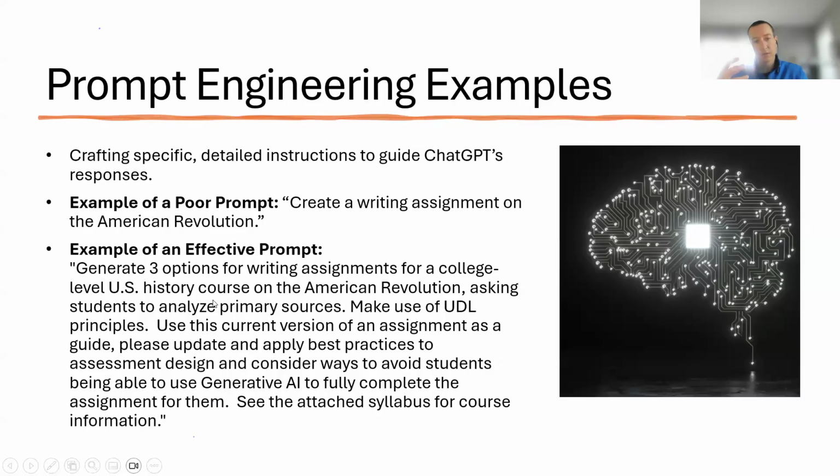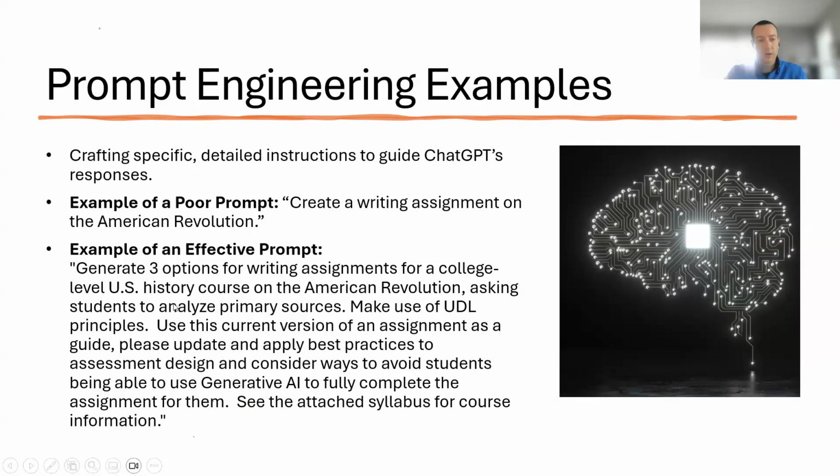So we're giving the tool some information about who our target audience and learners are, the American Revolution, and what we want them to do. It's what's important based on our course learning outcomes and the things that we're trying to teach our students and have them demonstrate. So we want to ask our students to analyze primary sources.